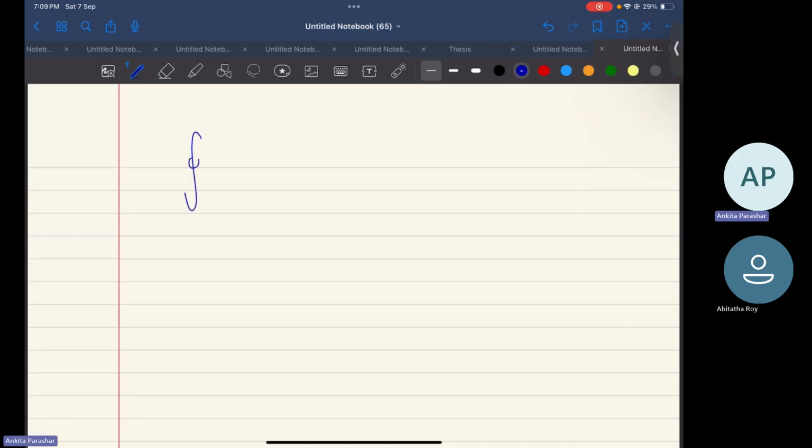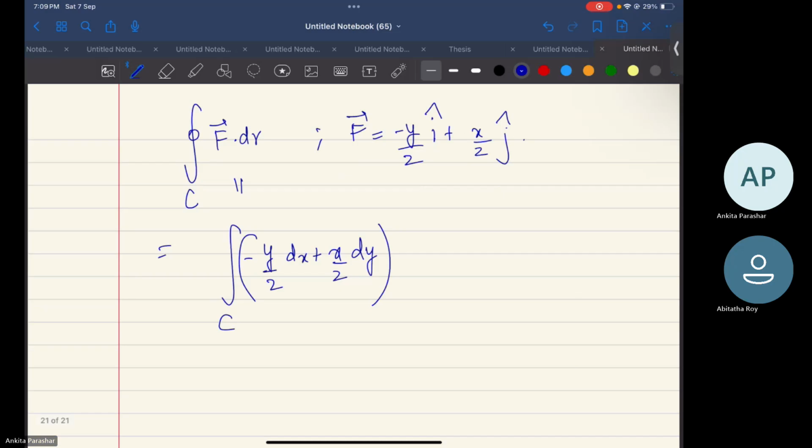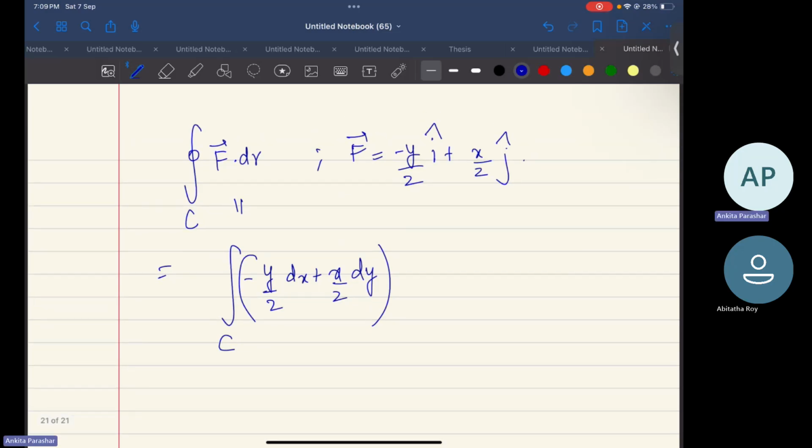So we have the integral of F dot dr over the curve C, and F, if you remember, is the way I have chosen: by definition, minus y by 2 dx plus x by 2 dy over the curve C. And C I have to parameterize now.